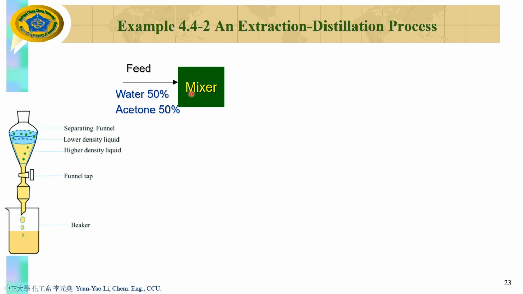You feed into this mixer and pour in the MIBK, so we carry on the liquid extraction process. Then, to make things quicker, you discharge this mixture into a settler and let it settle down.